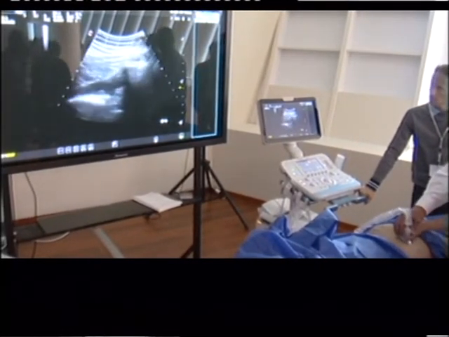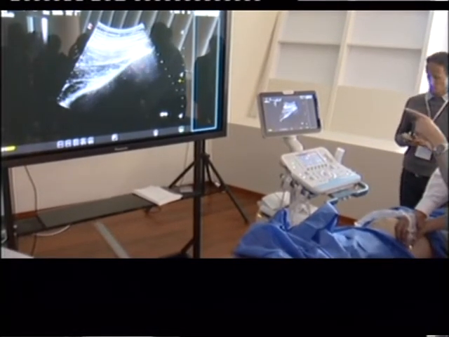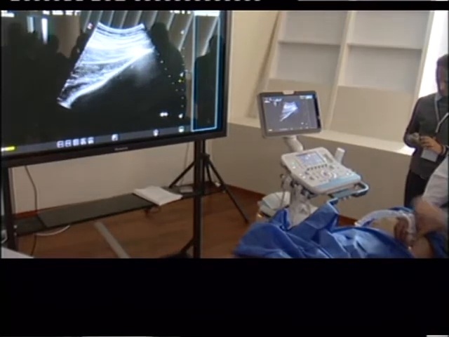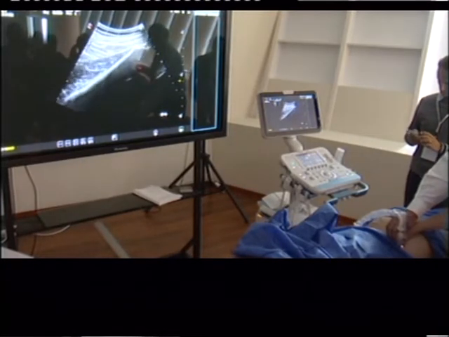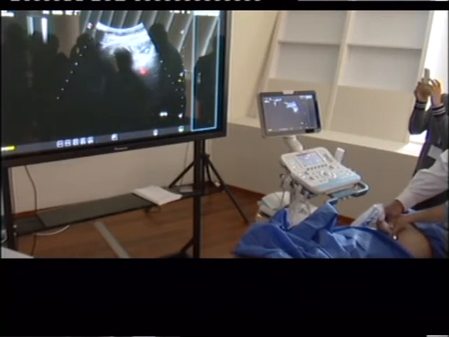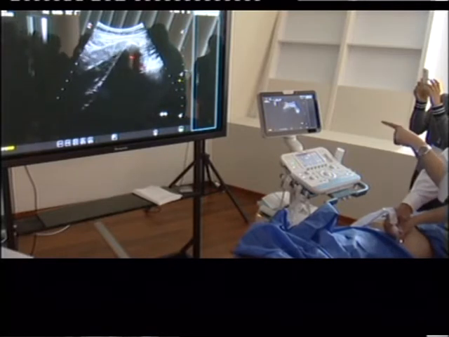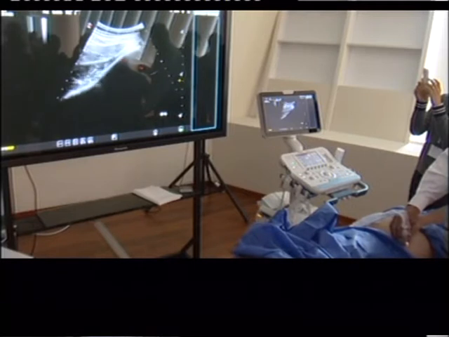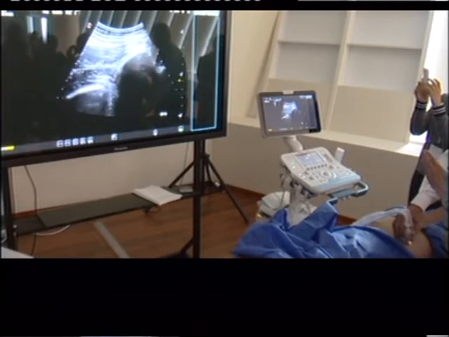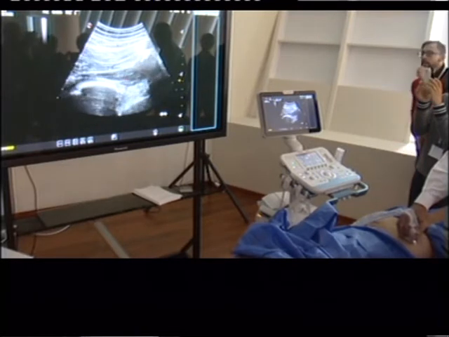So now we go to the ilium: maximus, medius, minimus. Maximus disappears. Cluneal is here. Sacroiliac joint is there. And then there's the cluneal nerve. Now we go down. Superior gluteal artery, piriformis.